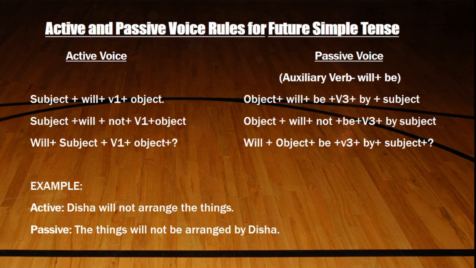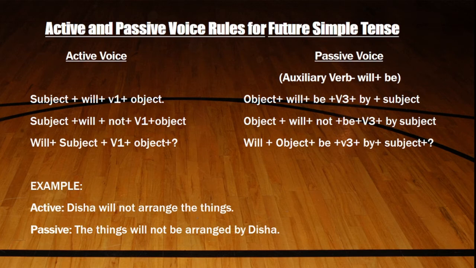Now in the case of the interrogative sentence, it becomes like will plus subject plus the first form of the verb, object. And then of course not to forget the question mark. Now in the case of the passive voice, it becomes like will plus object plus be plus the third form of the verb, by and then the subject.